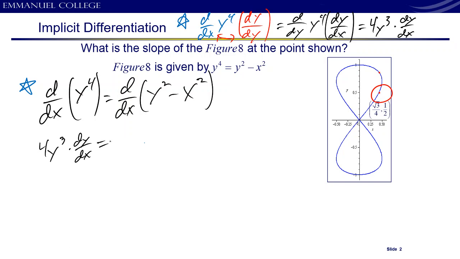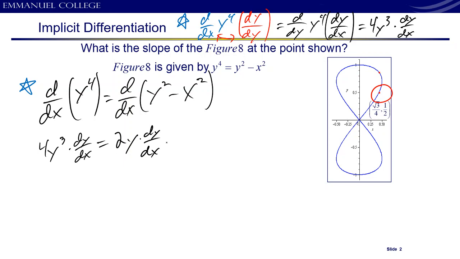And that's going to equal, now we're going to take a similar approach on the right-hand side. So remember, this derivative gets distributed. If I take the derivative of y squared with respect to x, I have 2y, because we're doing like we did with the y to the fourth derivative, and then it just gets multiplied by dy dx.